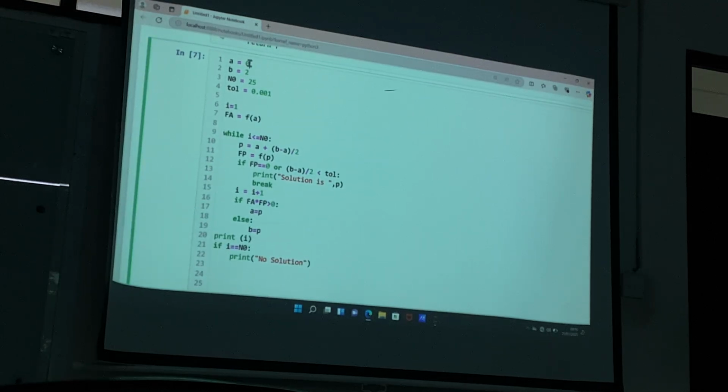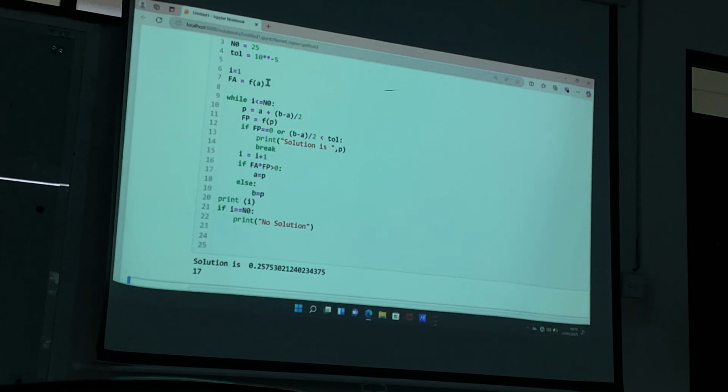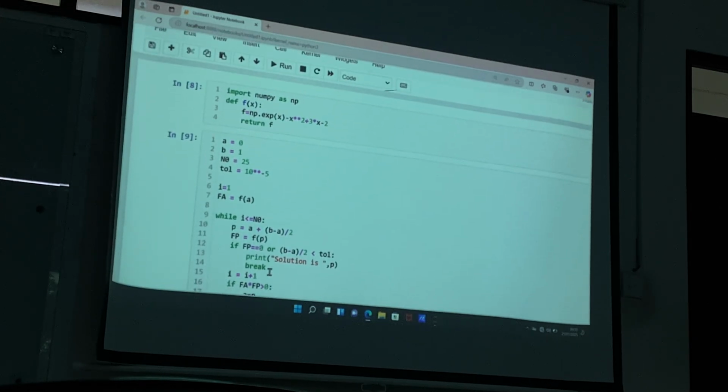What is the interval, 0 to? What is the tolerance? 10 to the power of minus 5. You get the answer in 17 iterations, 0.25. For some mathematical functions, we need numpy and sometimes we need the math library. Mostly numpy.